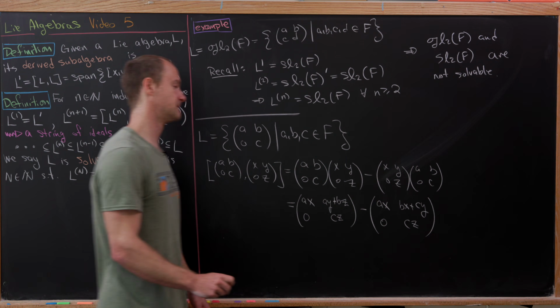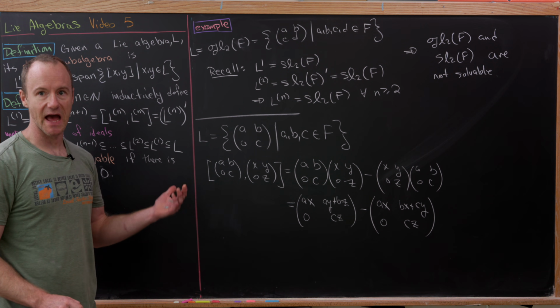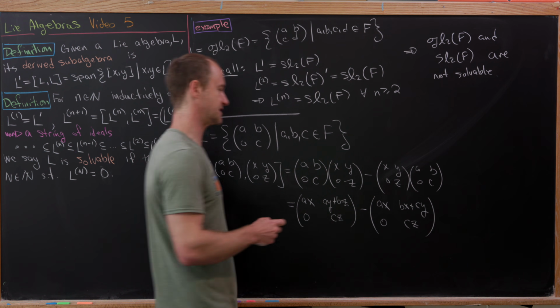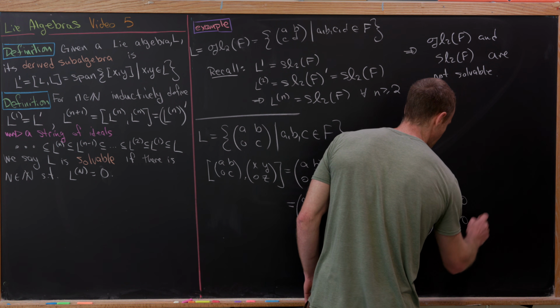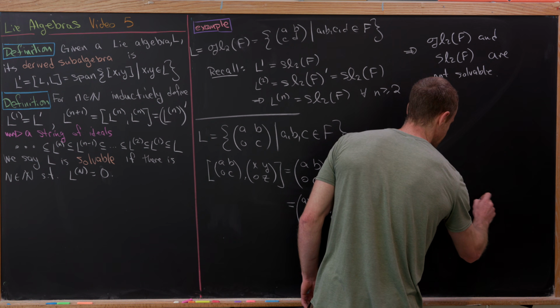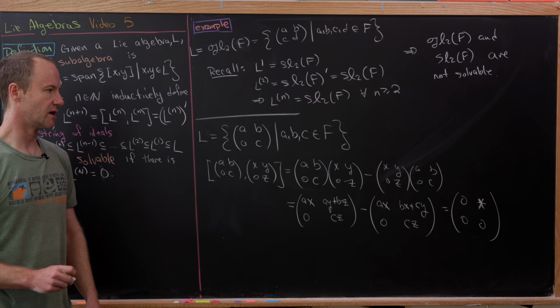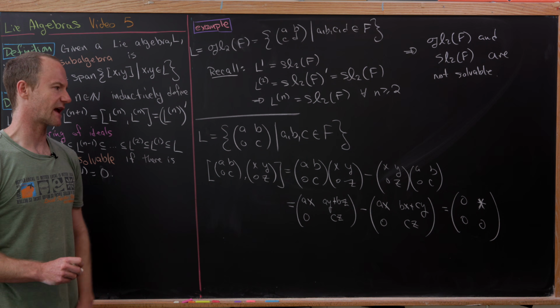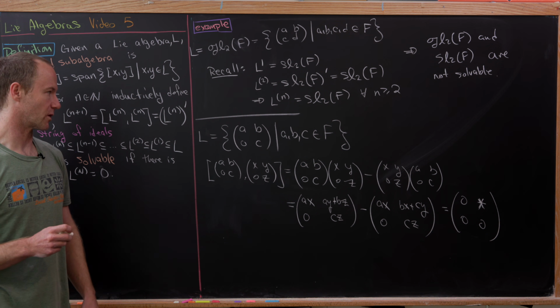But let's notice that when we take that difference, the diagonal terms kind of obviously disappear, and we're left with zeros everywhere except above the diagonal where we get something non-zero. And I'm just going to put a star there because we could do that calculation, but it doesn't really matter. We just need the standard form here.